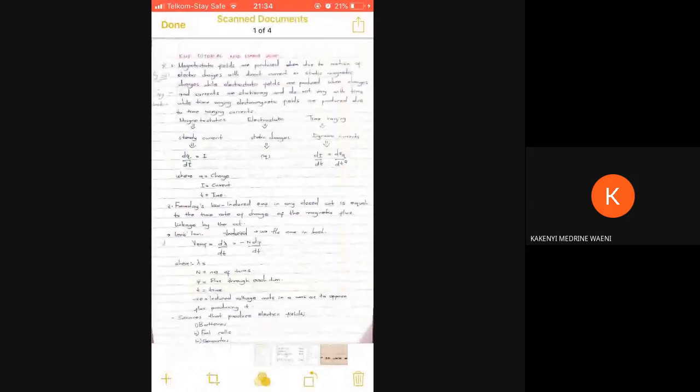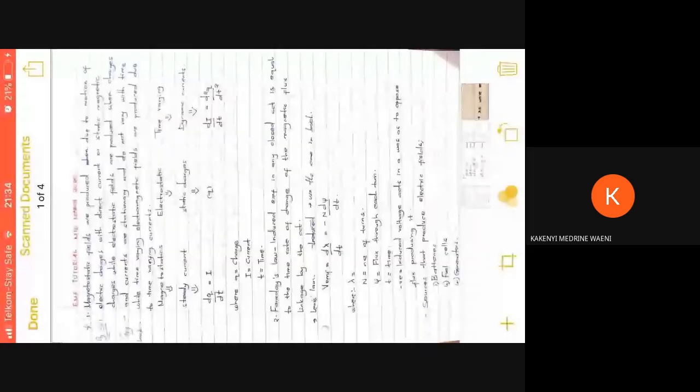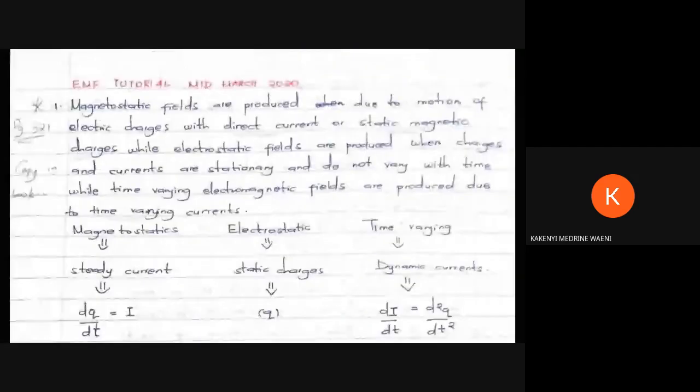Okay. So, magnetostatic fields are produced due to motion of electric charges with direct currents or static magnetic charges, while electrostatic fields are produced when charges and currents are stationary and do not vary with time, while time-varying electromagnetic fields are produced due to time-varying currents.